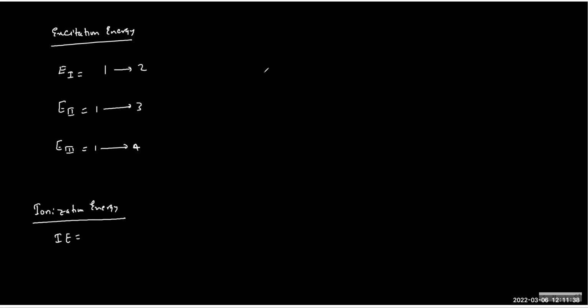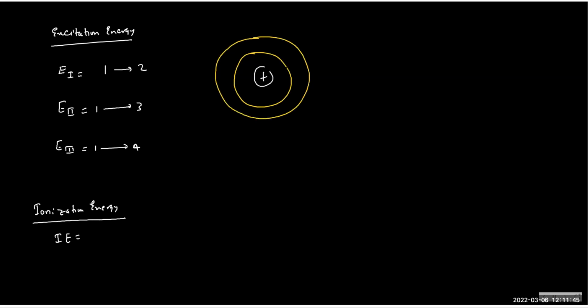Imagine this basic question. We have a single electron system, as we are learning this part only. The electron is here. If it is an H atom in the ground state, how much energy must we supply to remove this electron completely?